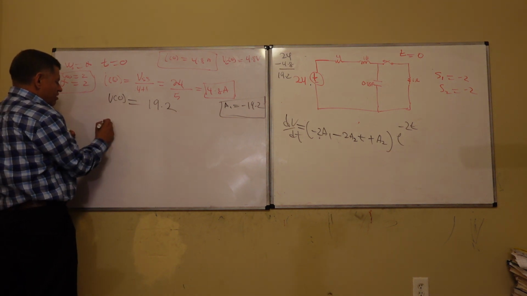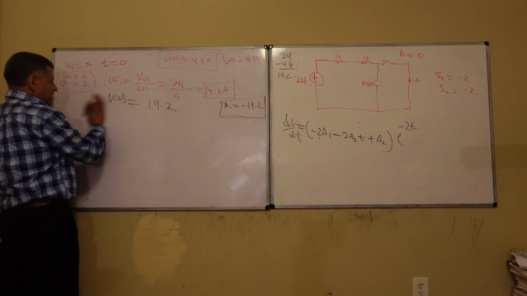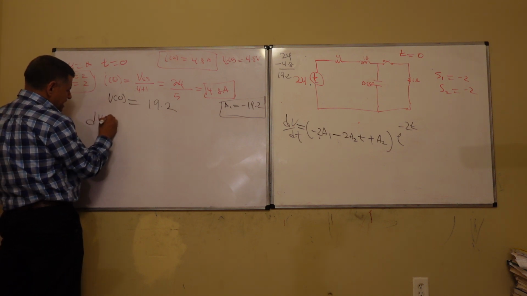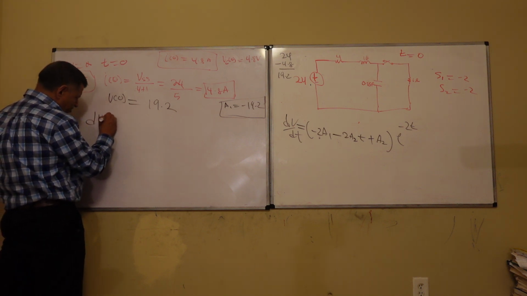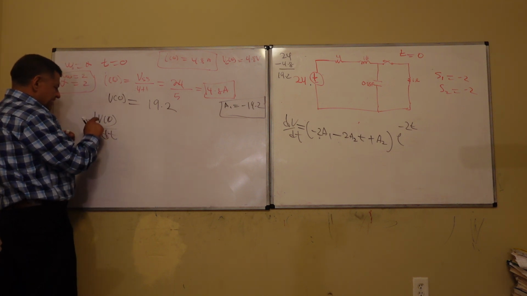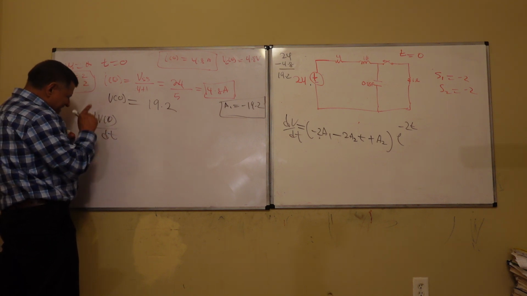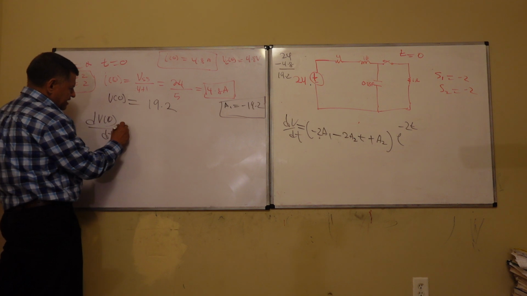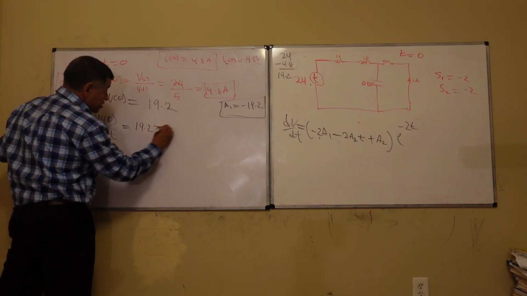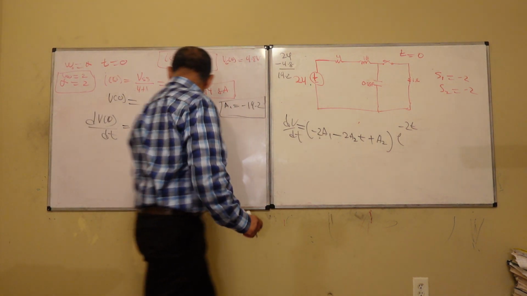So now having this, we say dv/dt at t equals 0, the change in voltage at time equals 0, is equal to 19.2, which is equal to this guy.